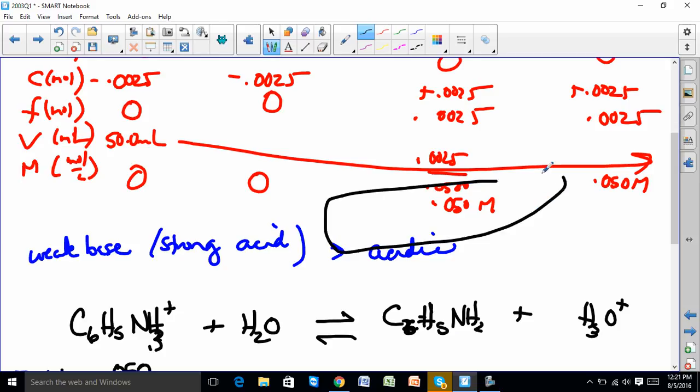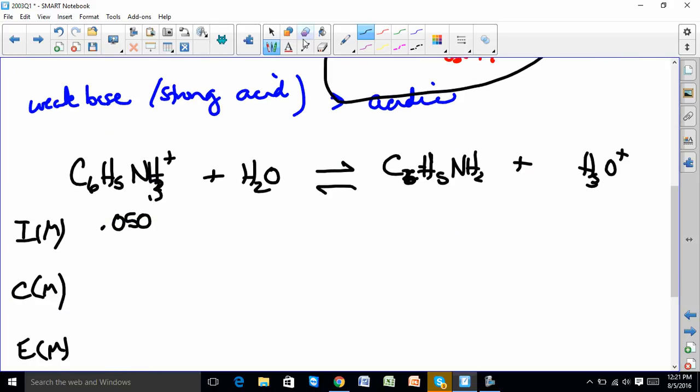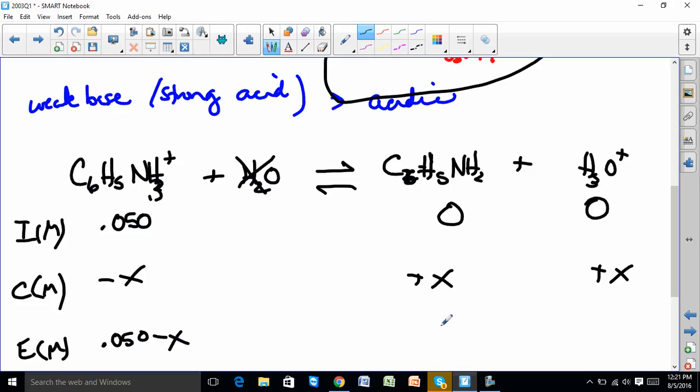That's why we did it. And then this is not used because it's a pure liquid, and this is 0, and this is 0. And then, remember, salt hydrolysis, this is going to go down X, and this is going to go up X, so this is 0.050 minus X, and then positive X, and positive X.